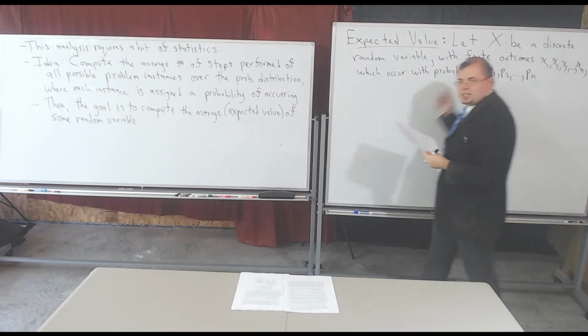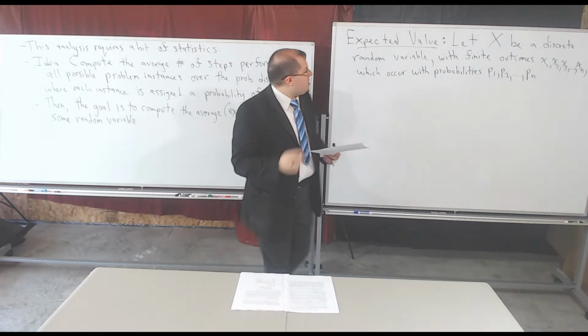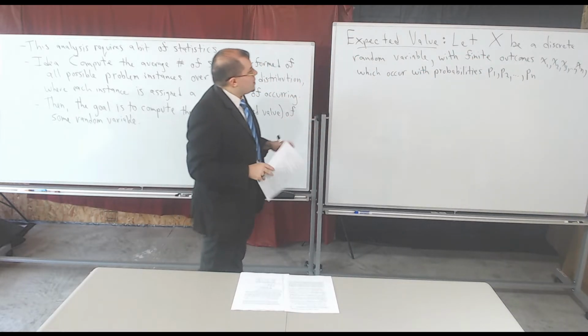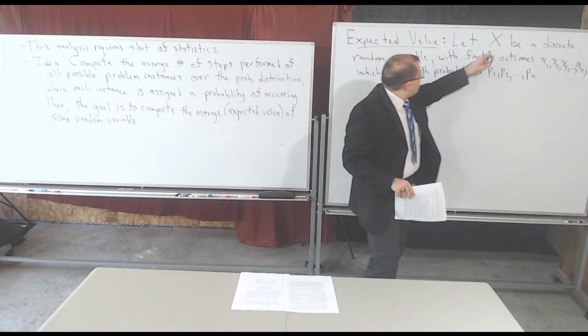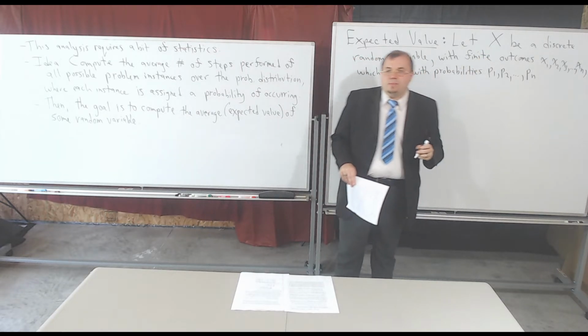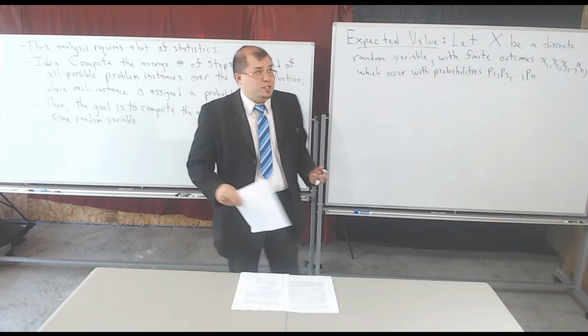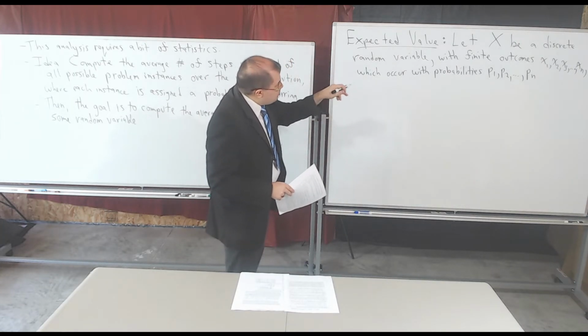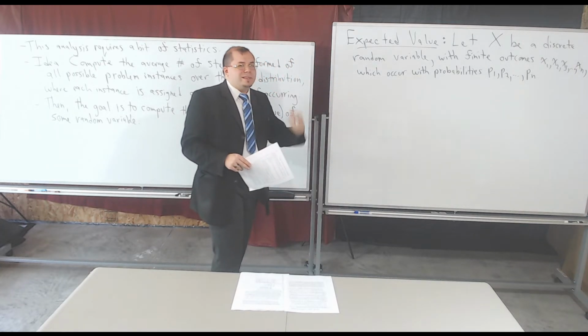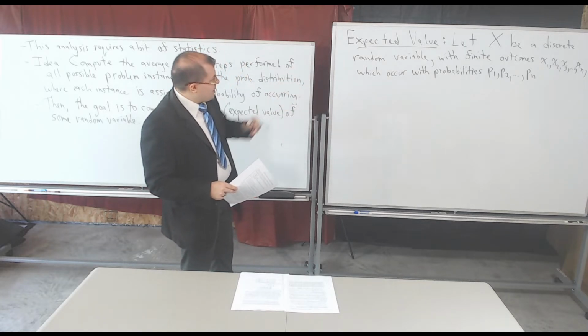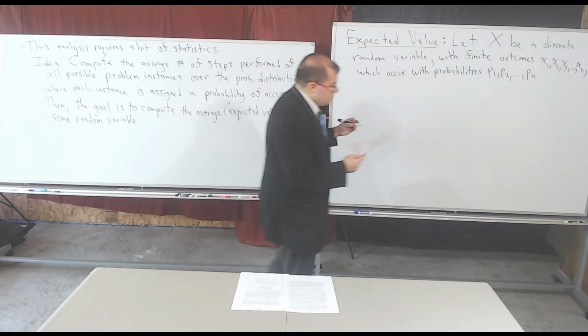So I give you a set of possible outcomes, each with a probability. What I want to do is compute the average over X.